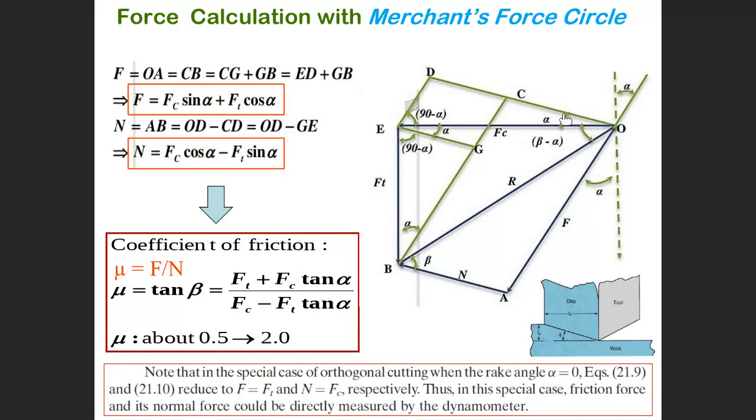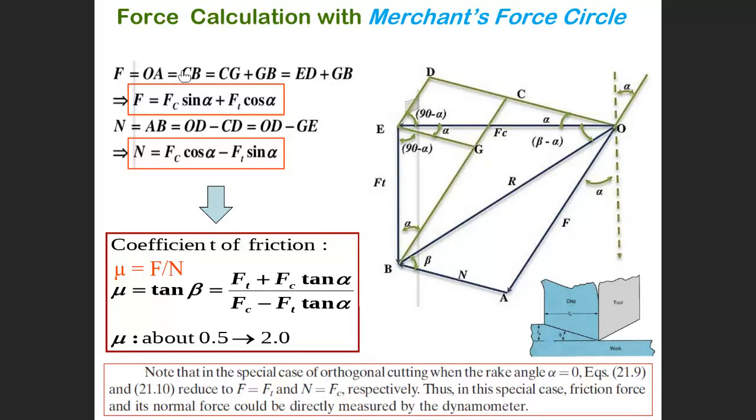We extend this green line to help get a relation. Please pay attention: OA as a vector equals CB, and CB equals CG plus GB. It is written here.